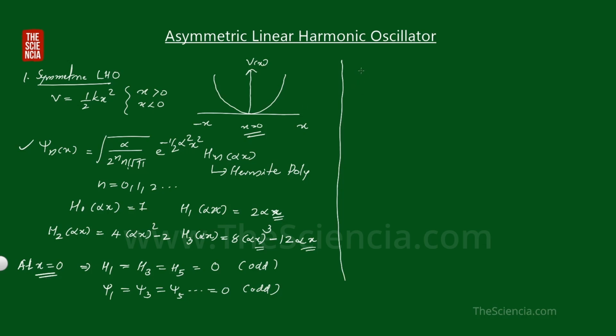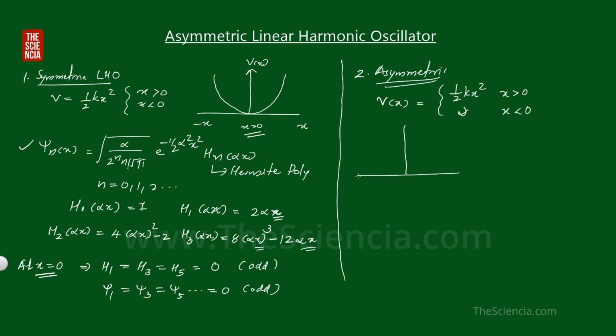Now let us discuss the asymmetric linear harmonic oscillator. For the asymmetric linear harmonic oscillator, the potential V of x is equal to half k x square for x greater than 0 and infinity for x less than 0. If we plot this potential function, we see here the potential is infinity.